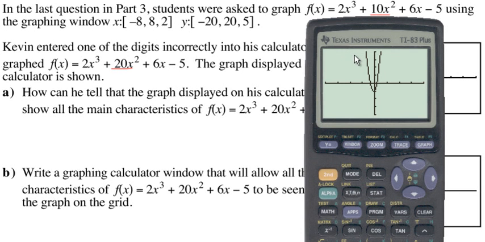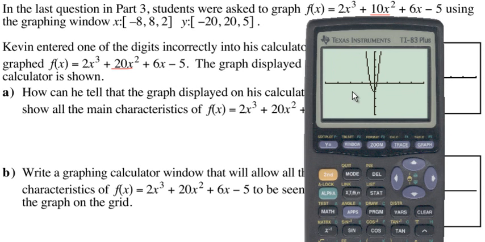The other major giveaway is the end behavior. A cubic normally goes from either bottom left to top right, or vice versa, top left to bottom right. This one has a positive leading coefficient, so it should be starting in the bottom left quadrant and going to the top right quadrant. This one does not. And so there's got to be another x-intercept somewhere. This arc has got to turn around, come back down, and end up in quadrant 3.